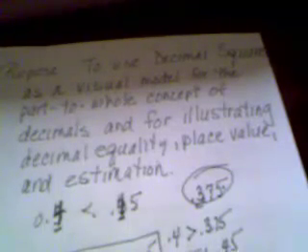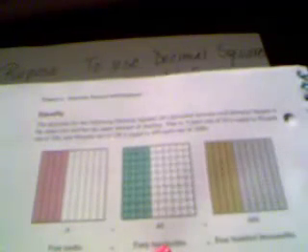Also, they might run into a tie because a situation might arise where they have 4 tenths, 40 hundredths, and 400 thousandths that are equivalent. And so that is also a good situation to have happen where they have to decide, well, there's a tie, so what do we do now?